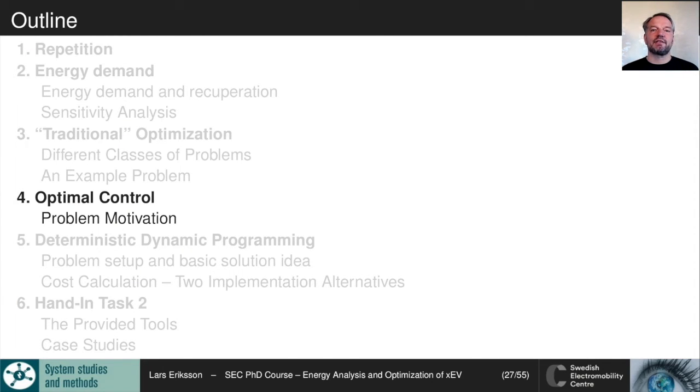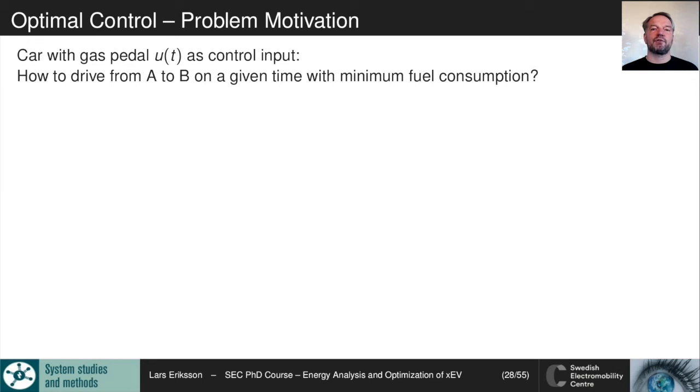This is a bridge from normal optimization to optimal control. In normal optimization we have a finite number of decision variables, while when we come to optimal control we jump up and, for example, we look at the movement of the gas pedal as a control input. And for example, we would like to know how to drive from A to B, say from Linköping to Norrköping, and we want to do that in 45 minutes, and we would like to do it with a minimum fuel consumption.